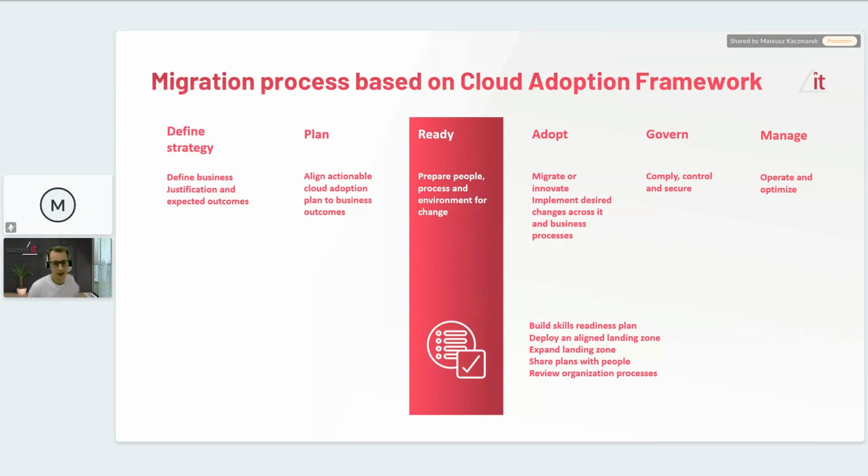In this phase, we also need to focus on the security and compliance. This means implementing all necessary policies and controls to protect data and meet regulatory requirements. It's crucial to consider how we will manage identity and access in the cloud, so we don't compromise our organization's security.